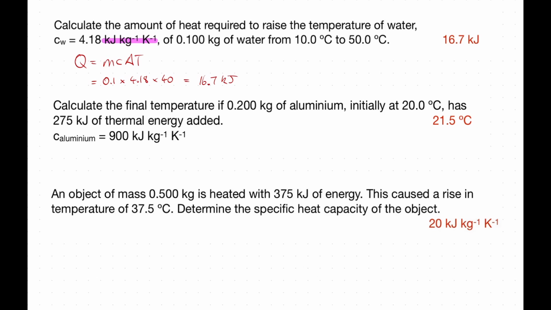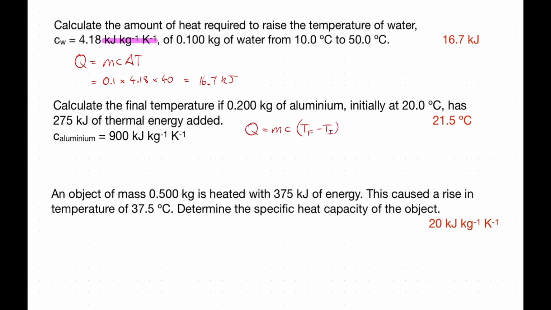Next question, we want to use our Q is equal to MC delta T again. So Q is equal to MC, but in this situation we're after a change in temperature, which was initially at 20 degrees. So we're going to say T final minus T initial.